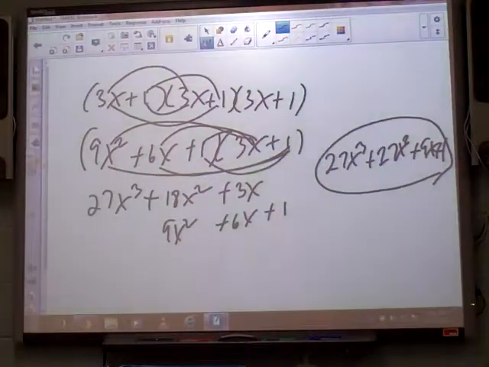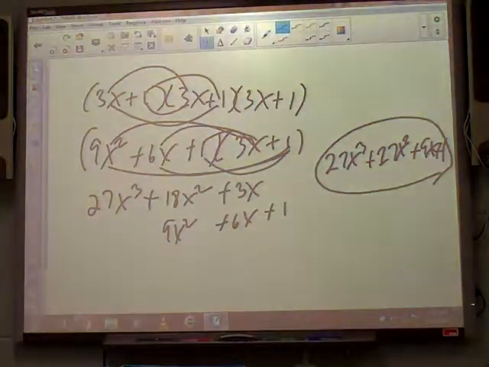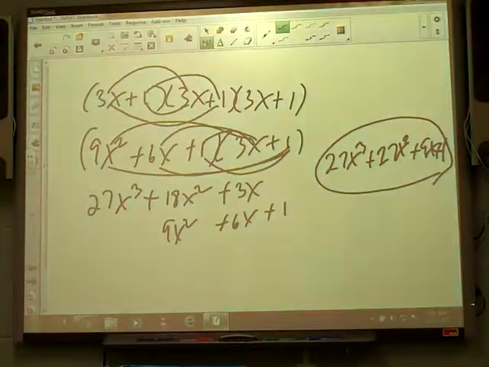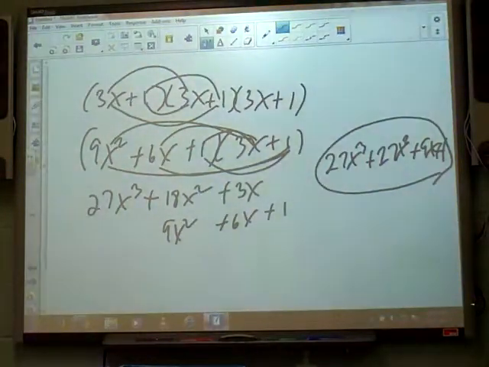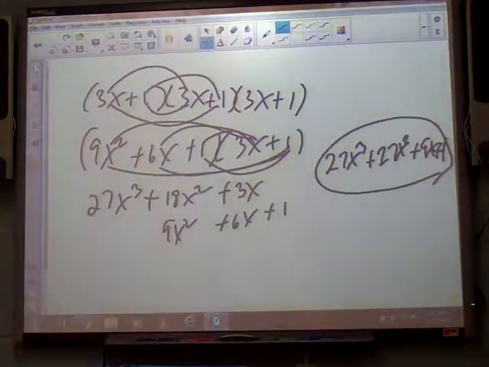It made me second guess myself that my cubed and squared were both 27. I went back and checked it. It was weird to me for some reason. What's that second one? 27x squared, yeah. Means that 9x plus 1.